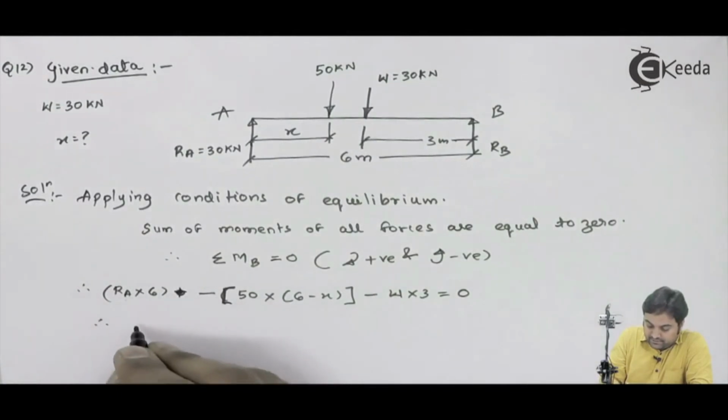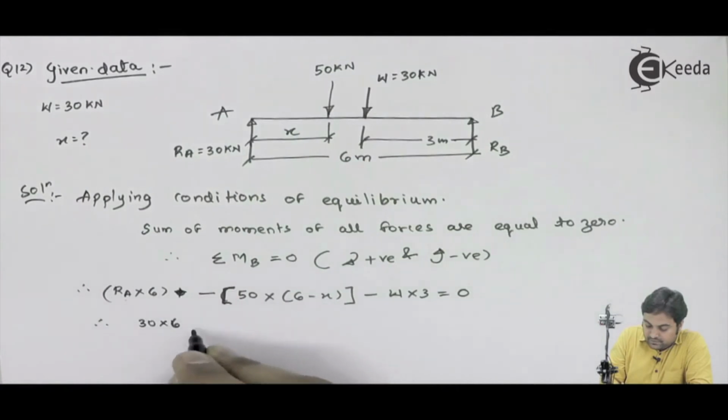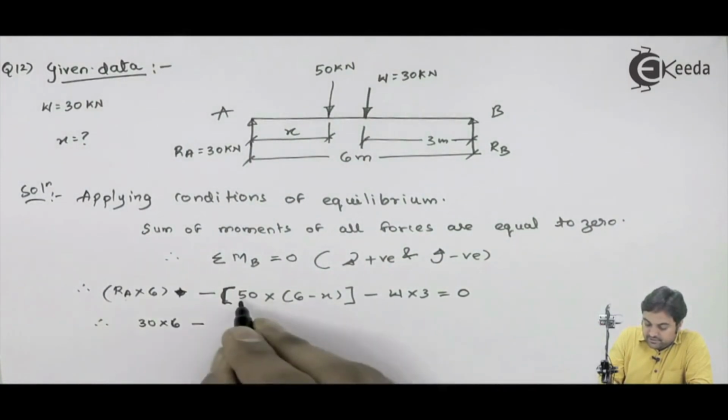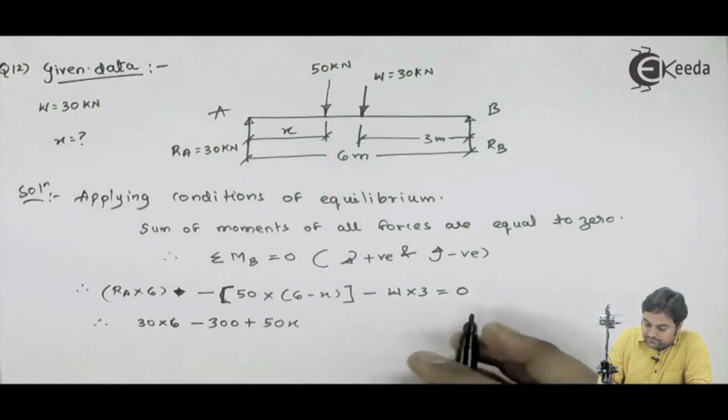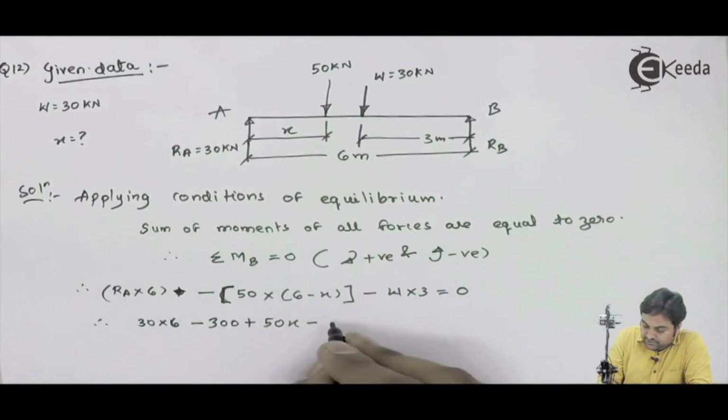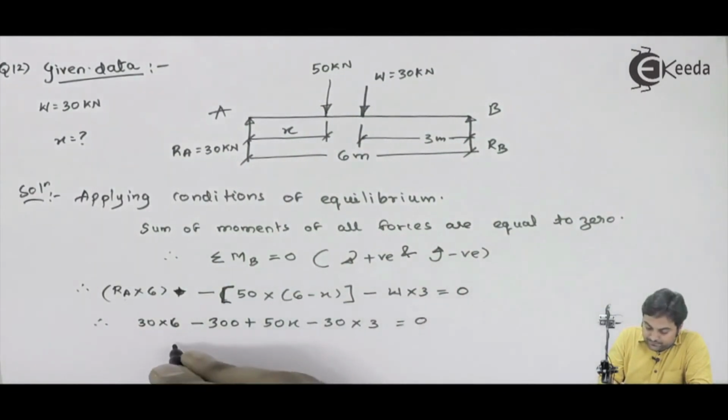Therefore RA is 30 given. If I open the bracket, this will be minus 50 into 6 minus 300, then it will be plus 50x, minus W is 30 into 3, that's equal to 0.